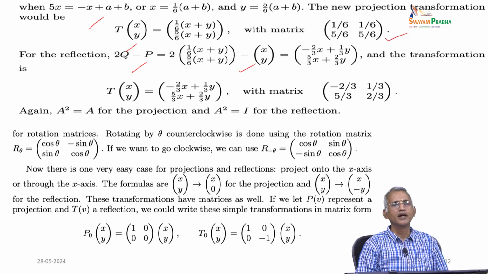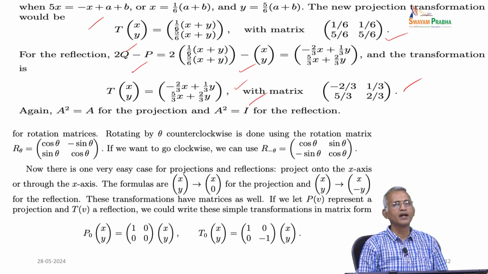So, we have minus 2 by 3x plus 1 by 3y and 5 by 3x plus 2 by 3y, and the transformation is T of (x, y) equal to (minus 2 by 3x plus 1 by 3y, 5 by 3x plus 2 by 3y) with matrix minus 2 by 3, 1 by 3, 5 by 3 and 2 by 3. So, again A square equal to A for the projection and A square equal to I for the reflection. So, this is the meaning of where the projection occurred and where the reflection occurred.